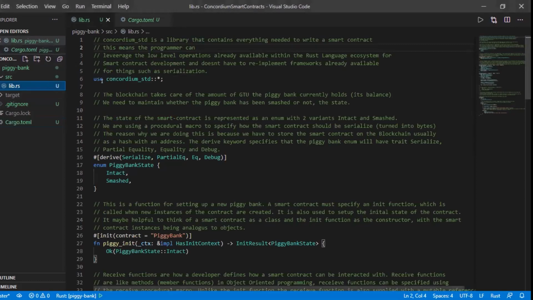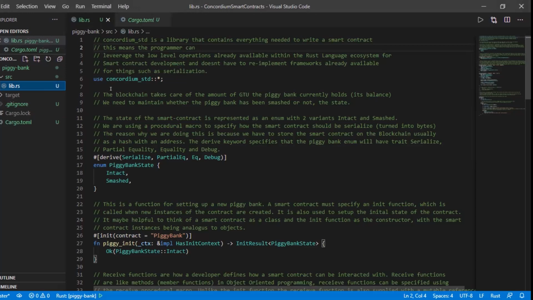Before you begin, you have to import Concordium Stud using this import statement. And again, this allows you to leverage all the low-level operations from the Rust library itself. There are specific things tweaked for smart contract development, but you're essentially using Rust here. You're writing Rust as if any other person programming Rust would be writing Rust.